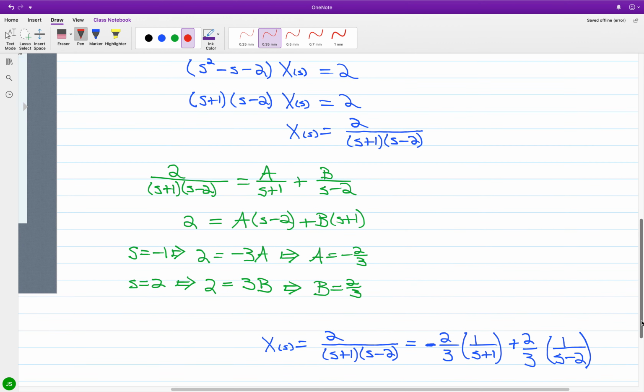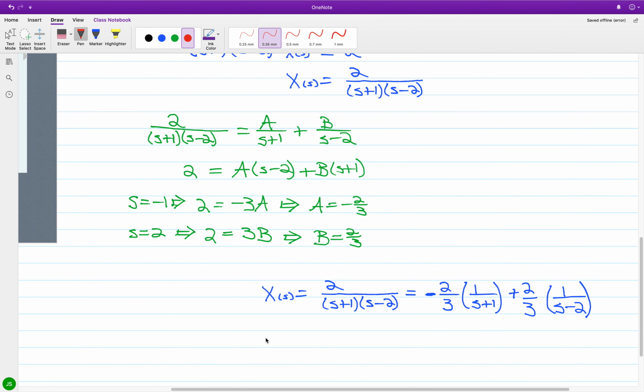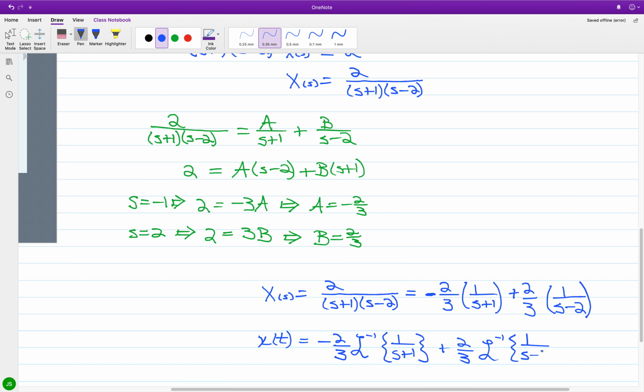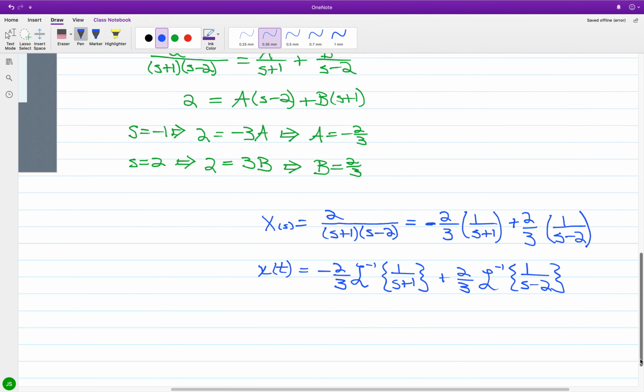Putting this in terms of our function x of t, x of t is equal to -2/3 of the inverse Laplace transform of the reciprocal of s plus 1, plus 2/3 of the inverse Laplace transform of the reciprocal of s minus 2.